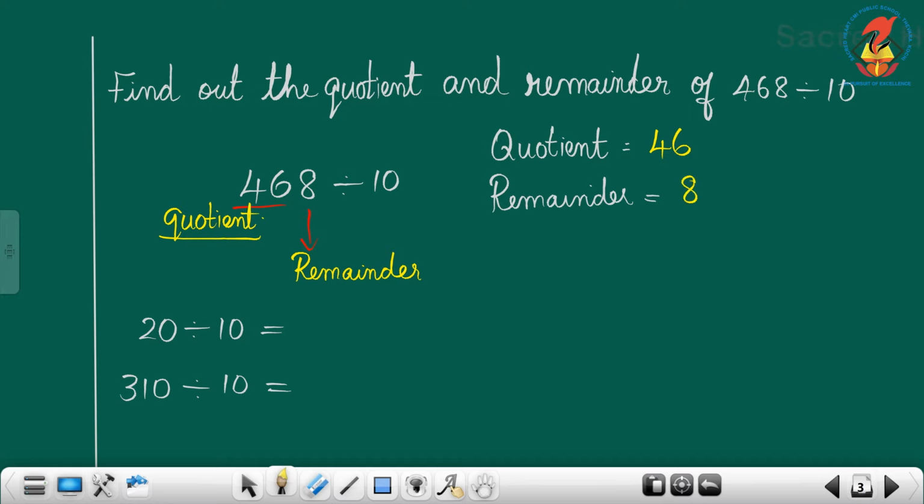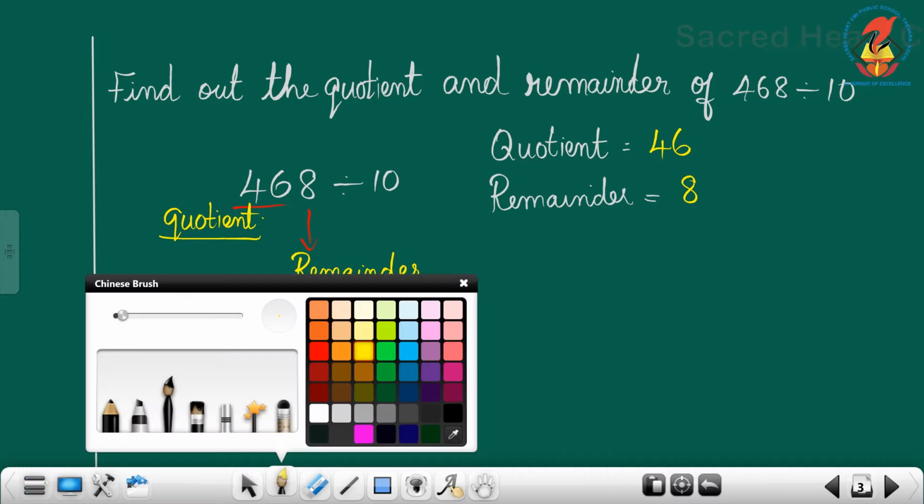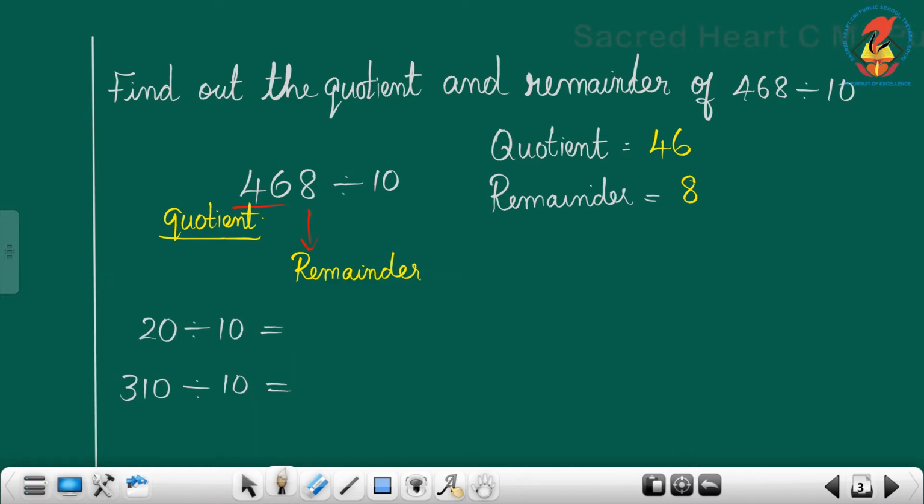Okay. If you have any confusion, we can do that calculation to find the quotient. 468 divided by 10. In the tens table, how many times does it go into 46? It's 4 times, right? 4 times is gone, 46 is 40 only. 10 4s are 40, remaining 6.